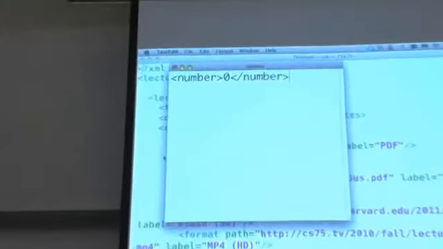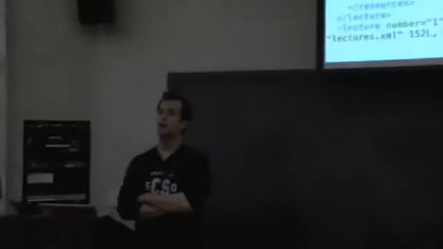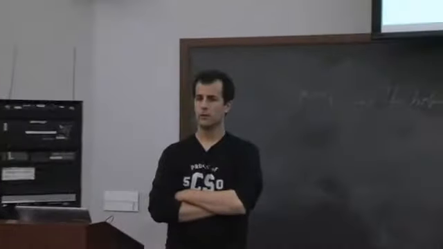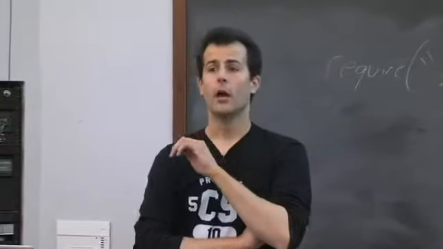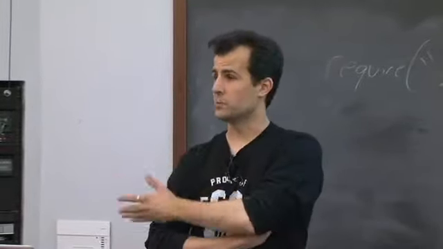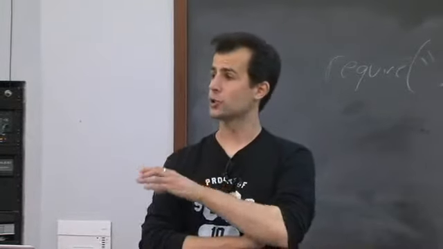Other thoughts? Yeah? Could you use it to set a high watermark? To set a high watermark, to give it a number so you could query. Okay, so that's actually quite good. Let me interpret what you're saying and push back if this is not what you meant. Syntactically, as we'll see with this particular API, you're going to access attributes in a different way than you would access child elements.